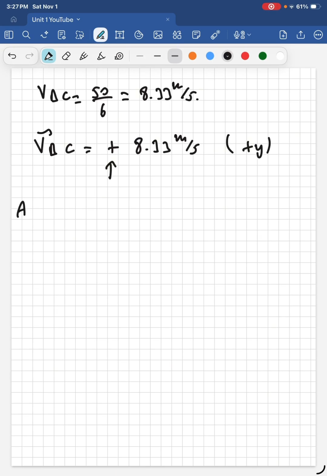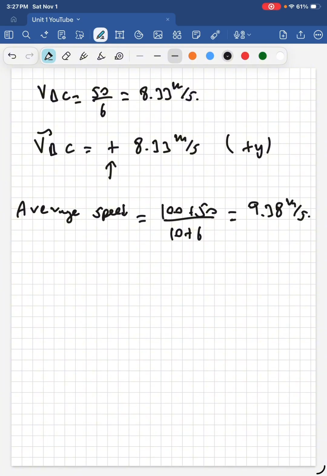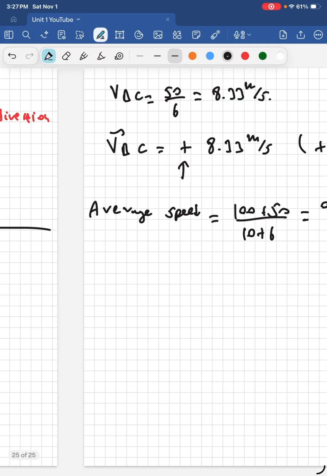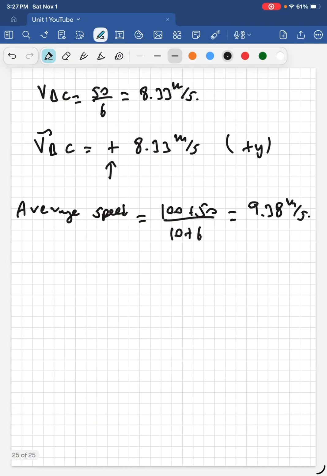But the average speed in this travel from A to C is the total distance, which is 100 plus 50 over the total time. So that's 9.38 meters per second. And you see that it's sort of like in between 8.33 and 10. Okay.